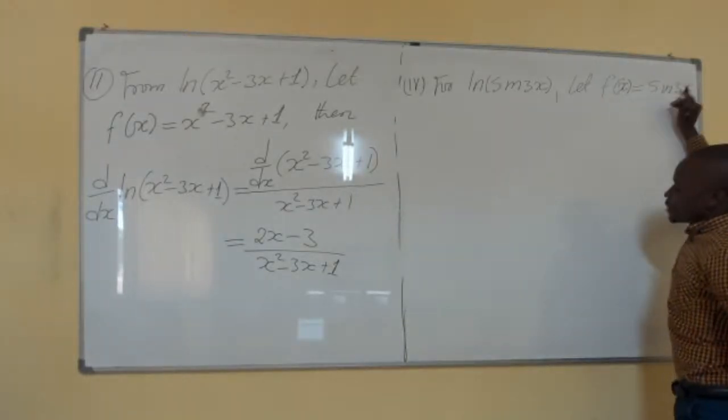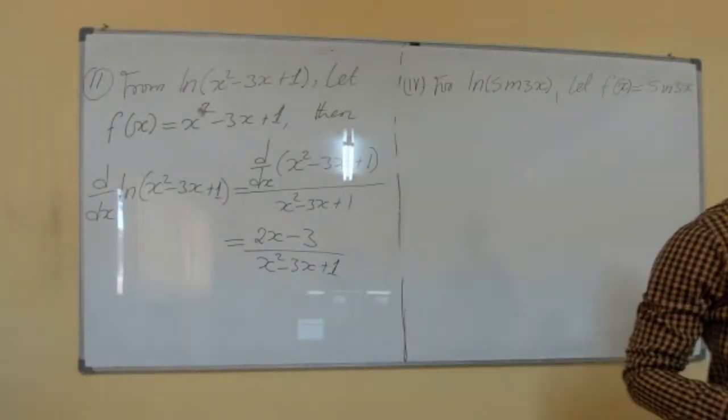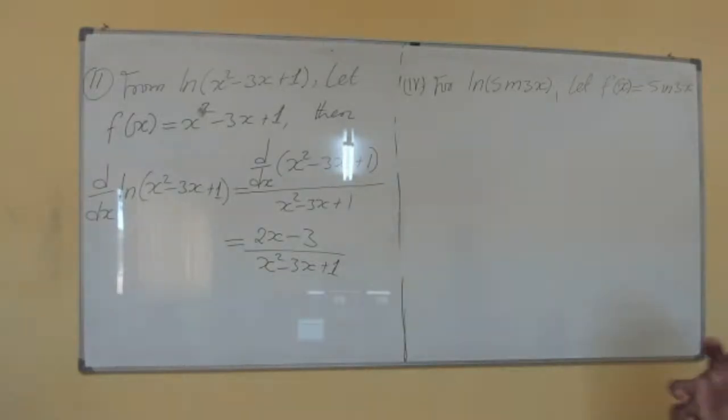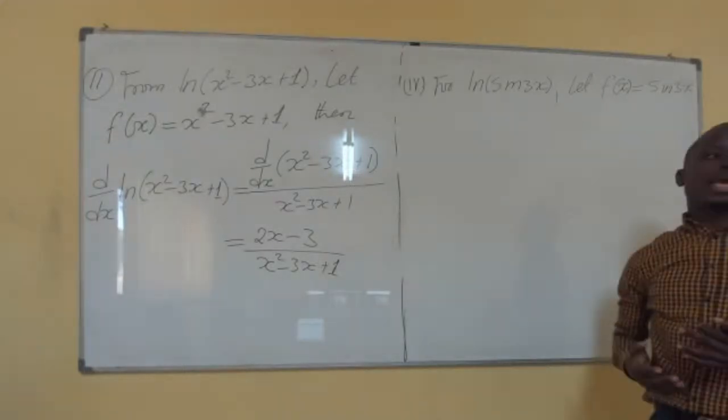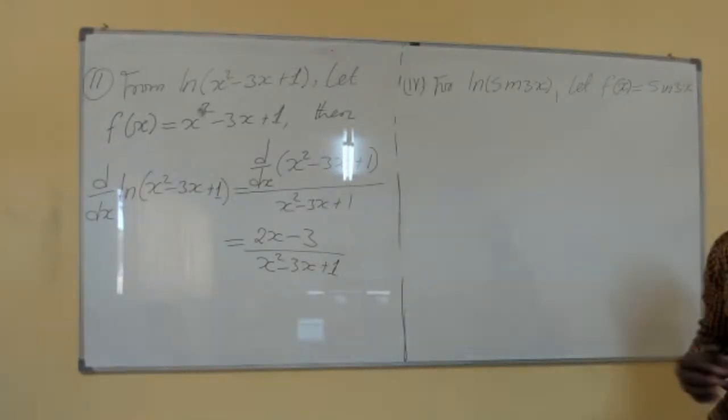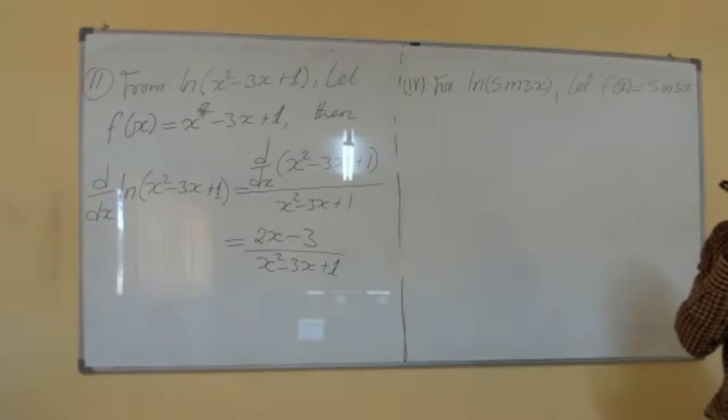Now, if you look at the sine of 3x, it is a composite function, a compound function. This means we are supposed to differentiate it using the chain rule.